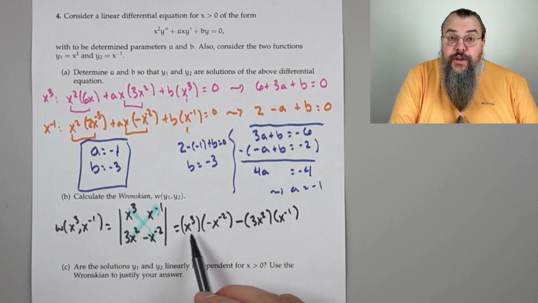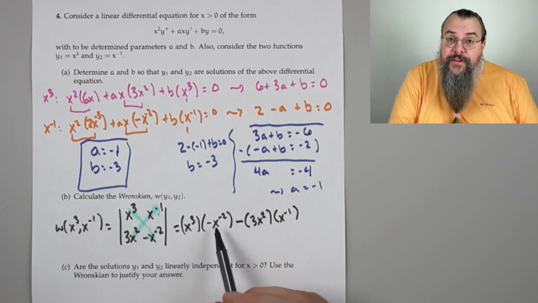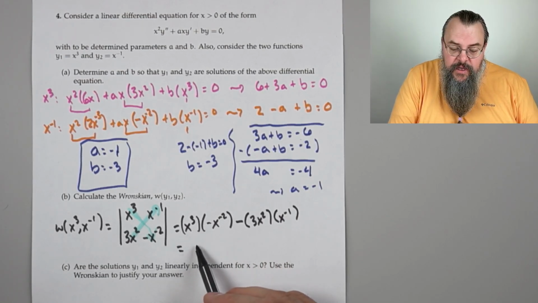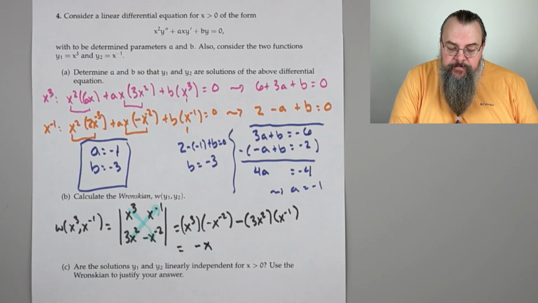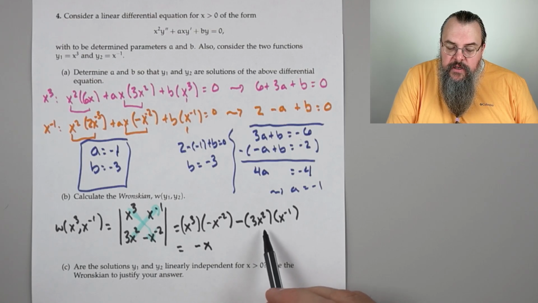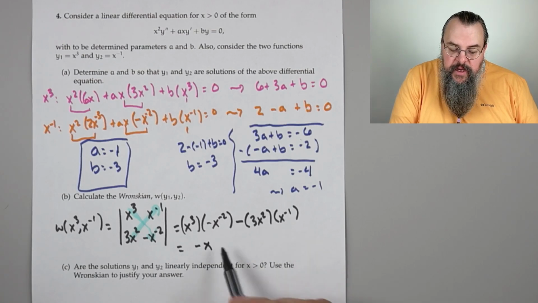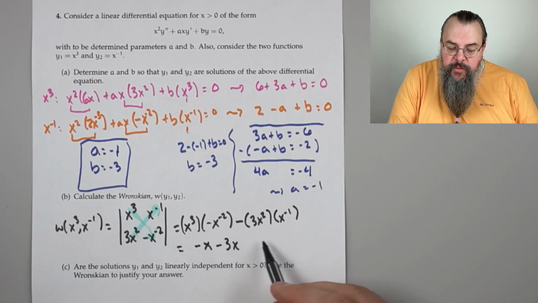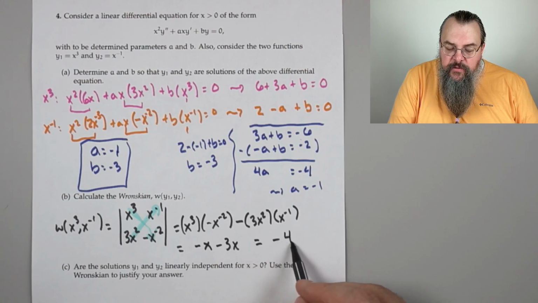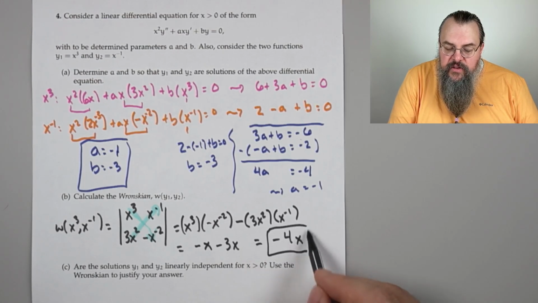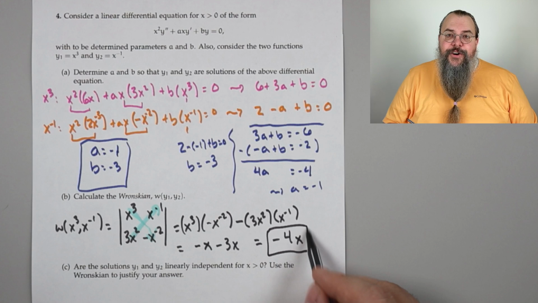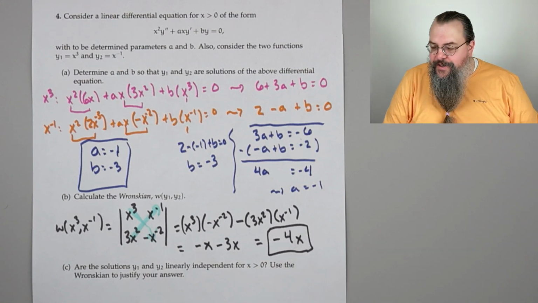Well, x cubed times x to the -2 would be x. So this becomes a minus x. And then here, what do we have? Well, x squared times x to the -1 is x, so that's a -3x. Minus x minus 3x makes -4x. So there's the Wronskian. Okay, good, good.